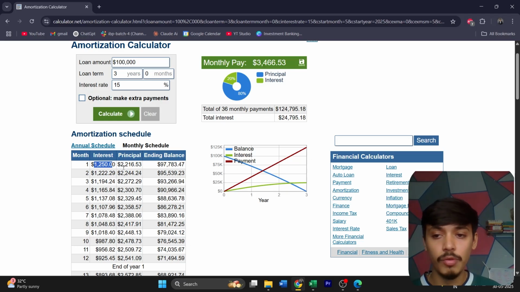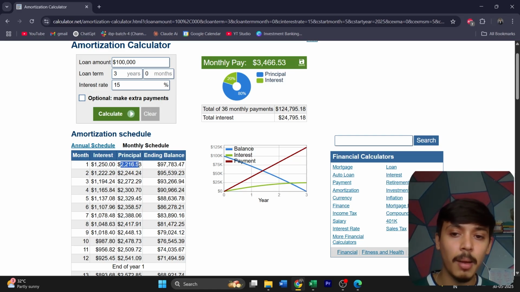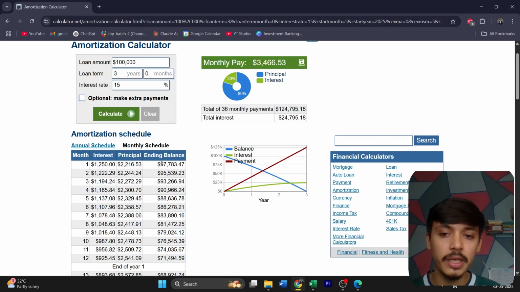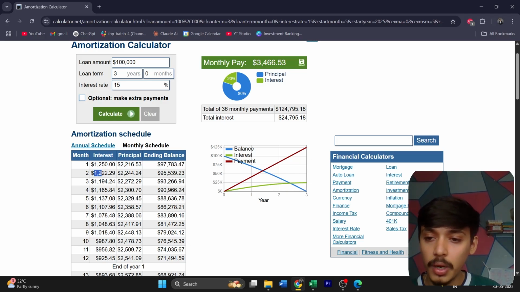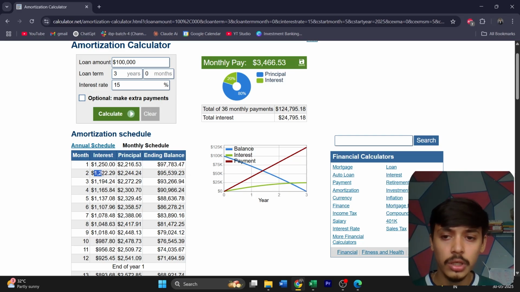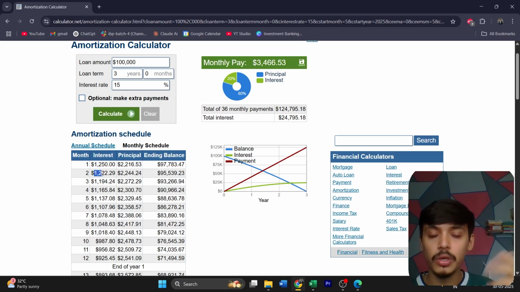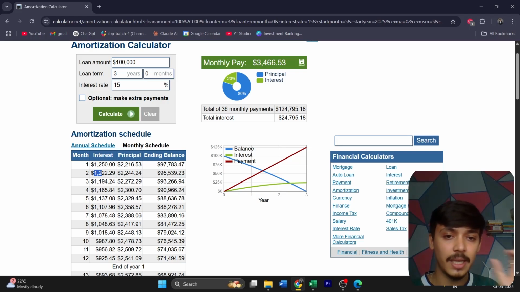So first month you will pay 15% as interest rate, but since you are also paying the principal amount along with the EMI, your balance of principal is reduced. So from 1 lakh, your principal balance is now 97,783. Now 15% will be calculated on this entire amount, which accounts to 1,222. And similarly, you will pay greater principal than the previous amount because your EMI is the same for every month.